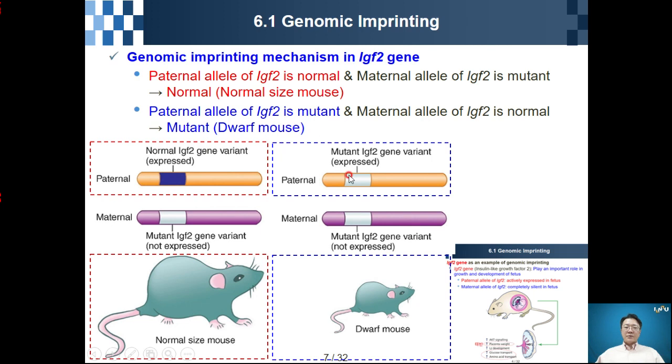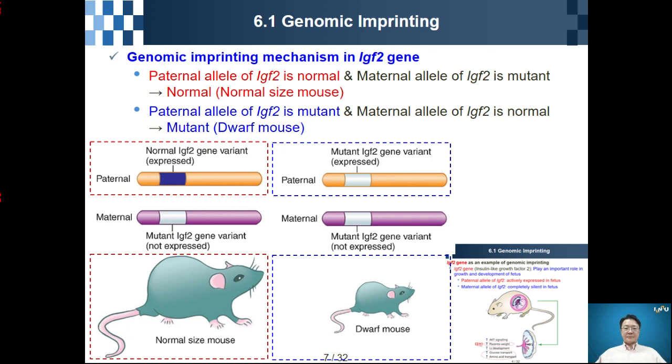That's why the mutant form is expressed. It means that there is not enough glucose transport and amino acid transport during the fetal stage. That's why the mouse phenotype is very small, so we call it a dwarf mouse.